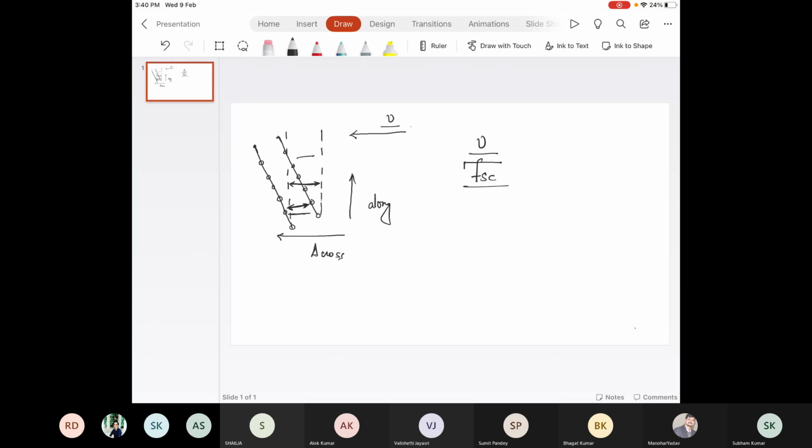It is given by F_sc, and V is how much distance is traveled in a second. It means the distance traveled in 1 second divided by the scan lines covered in 1 second, that is, how much distance is traveled when moving from one scan line to another scan line. This is given by this parameter. So it comes out to be D across, and 1 by D across is the line density across the scan line.